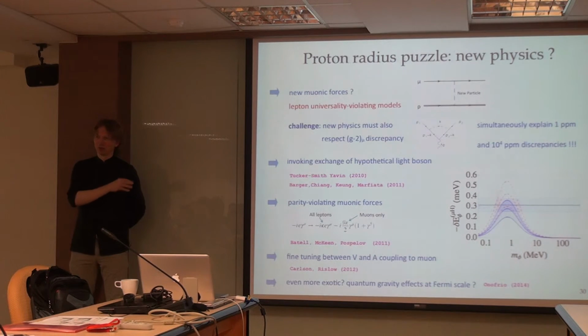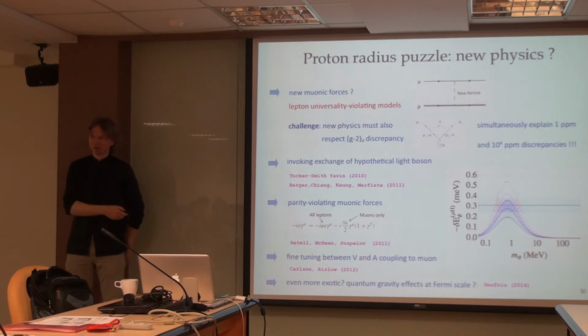So just from the point of view of the data, this is just to motivate that some work is going on. But of these simple models, I think none of them is able, even with fine-tunings, to make sense of the existing data.